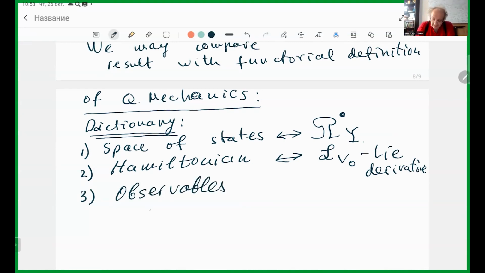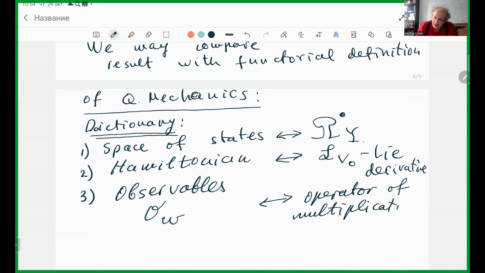Observable F: operator of multiplication by omega.